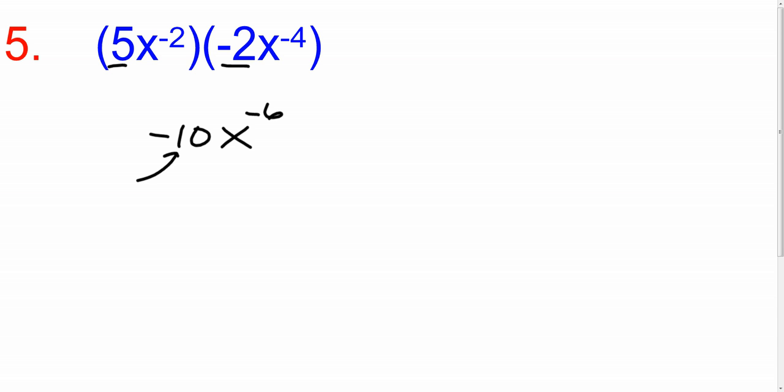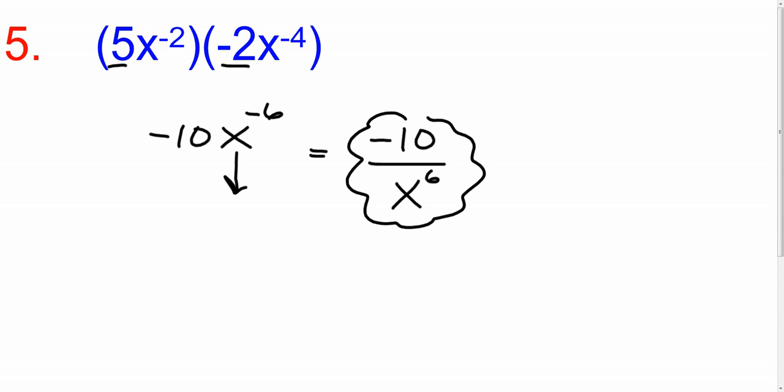It's only negative exponents that need to go down, not negative numbers. And so my negative 10 is going to stay up top. My x has to go to the 6th power. Right now it's negative 6, so it has to go to the basement, get an attitude adjustment, and become positive. So that's how that would all work out.